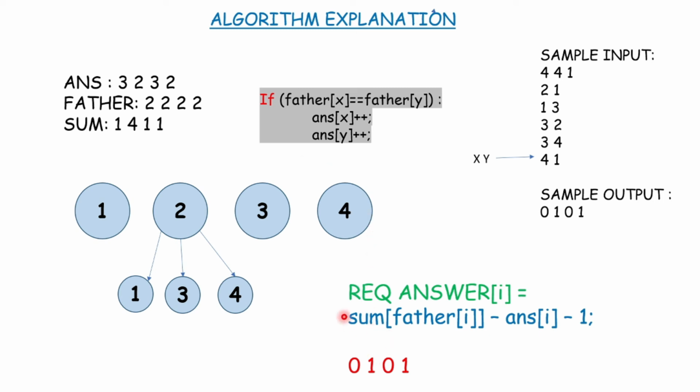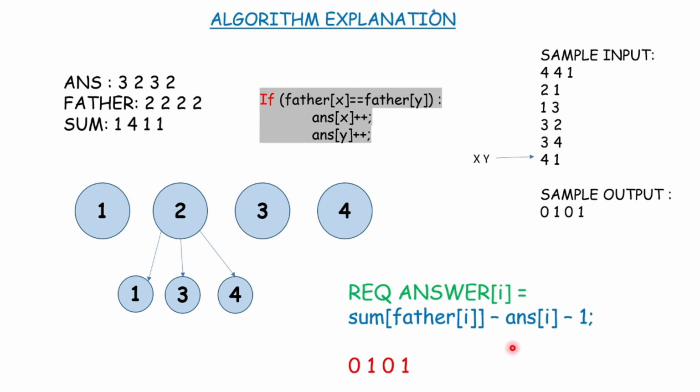To find the answer, the required answer will be sum of father of i minus answer of i minus 1. Now let's see why. Sum of father of i, because father of i is the representative of that set. For example, for the first node 1, the father is 2. The representative of the check set with the value 2 contains 4 nodes.